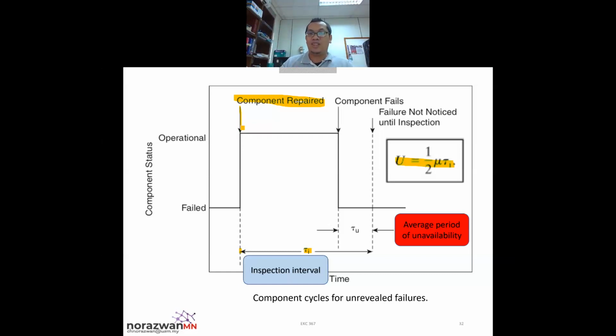Then after a certain time you remember to make another inspection, and you see that the tire is punctured. So that's the tau I inspection interval, from the last time you made your inspection or repair, when you know it is in good condition, until the time you realize the component has failed.